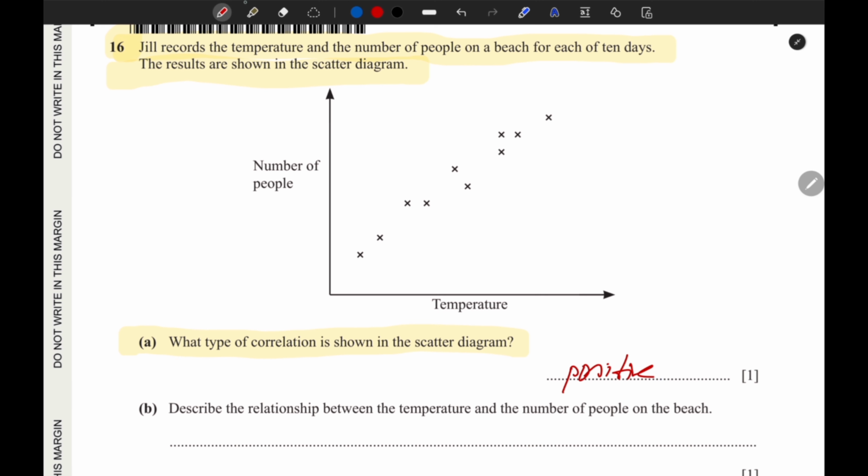Okay, now part B is: describe the relationship between the temperature and the number of people on the beach. As we have already seen, as the temperature is increasing, the number of people is also increasing.